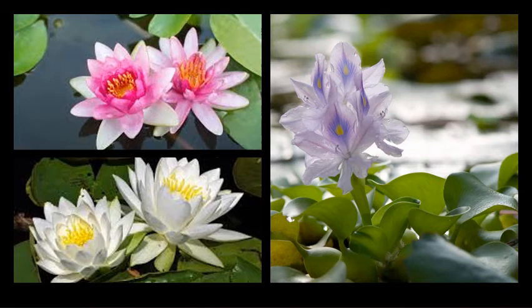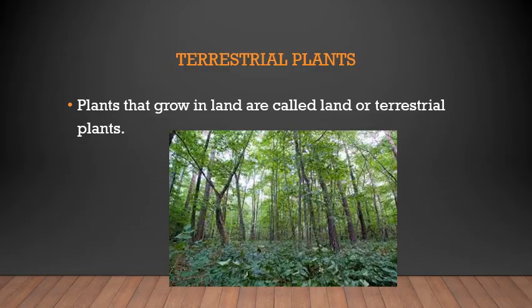Now if these are aquatic plants, then what are terrestrial plants? Terrestrial plants are the plants that grow on land. Terrestrial plants, these plants are the ones that grow on the land.